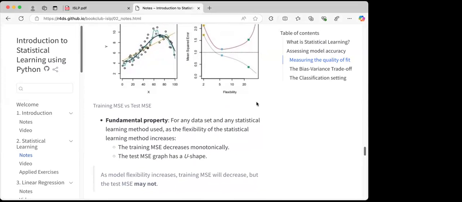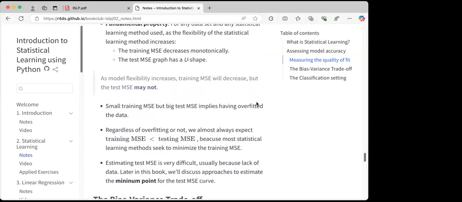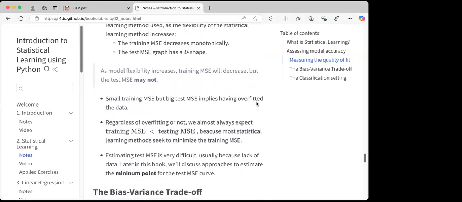And the reason for this is that all statistical learning methods try to minimize the MSE when they are trying to fit the data. So a small training MSE but a big test MSE implies having overfit the data, and we don't want that.